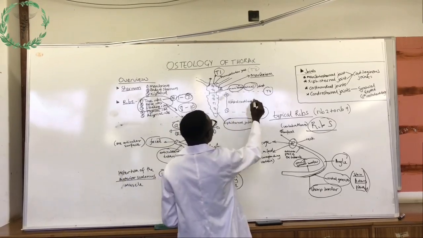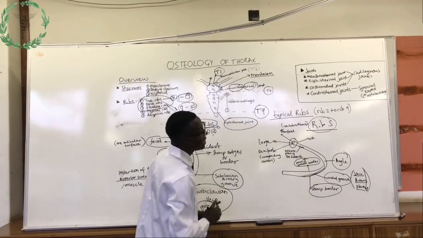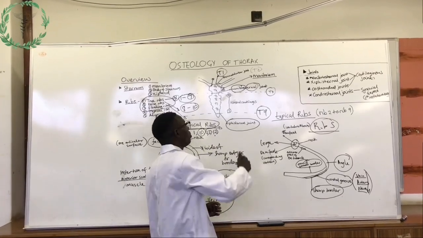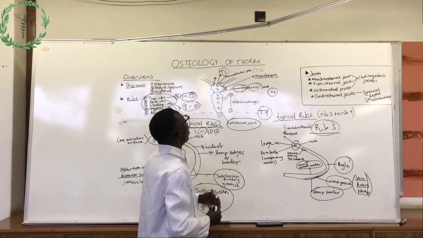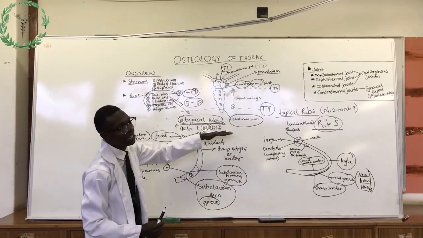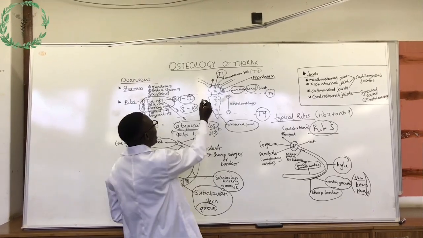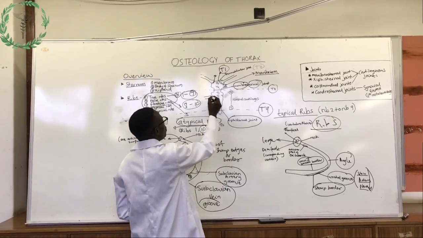So the manubriosternal joint is a cartilaginous joint. Simple. The xiphisternal joint, between the xiphoid process and the body of the sternum, is also a cartilaginous joint. So all joints that are associated with the sternum are cartilaginous joints. Now, we have what we call costochondral joints.